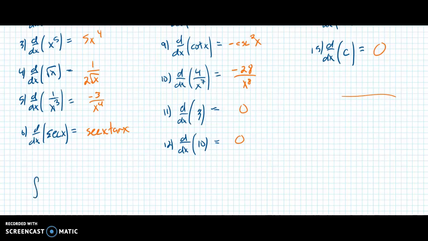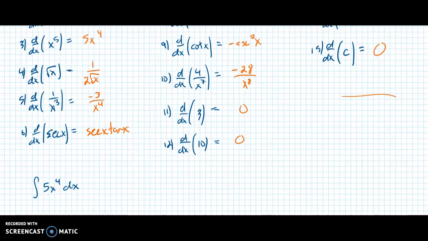The antiderivative, the sign I use is that wavy, vertically stretched S. It's an integral sign. And then I write 5x to the fourth, and I put a dx there. For now, you'll just think of the dx as telling me what we're integrating with respect to. So it's just telling me x is my variable.